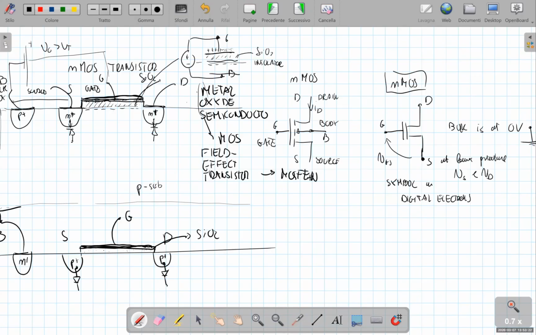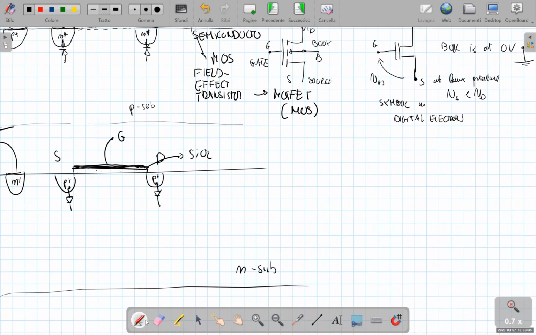In short, MOSFET, or MOS transistor: N-type MOS transistor, or what we are discussing now, P-type MOS transistor. The structure in which we start from the N substrate and have P plus source and drain contacts is called P-type MOS transistor, P-channel MOS transistor, or simply PMOS transistor.